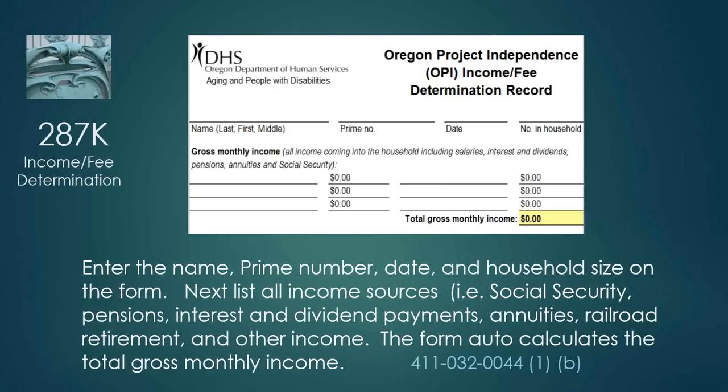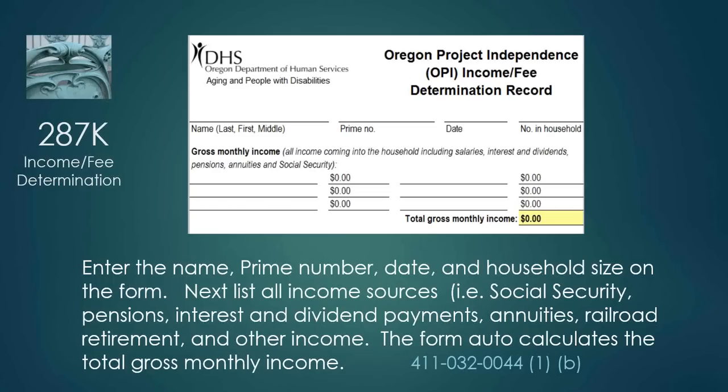For example, all Social Security income, pensions, interest and dividend payments, annuities, railroad retirement, and other income. So those are the kinds of things that we're going to be putting on those lines and then totaling up the income until we have a total gross monthly income for the entire household.